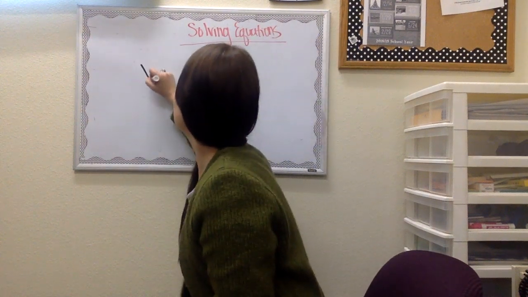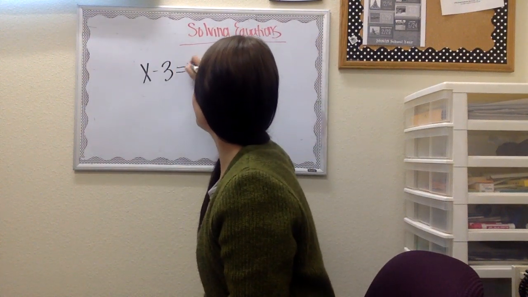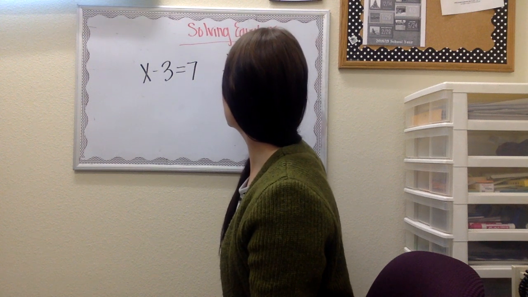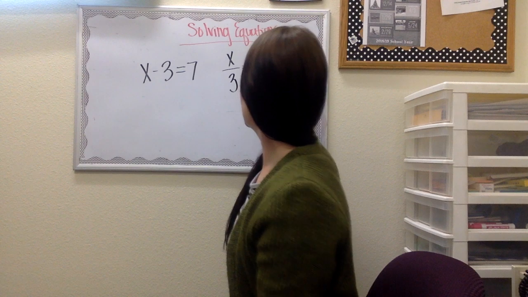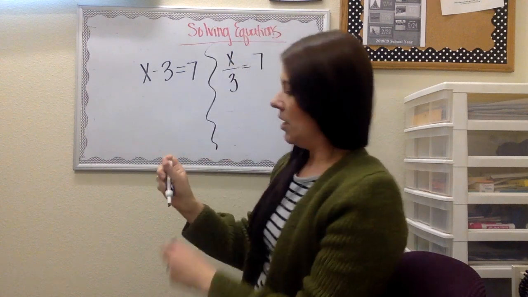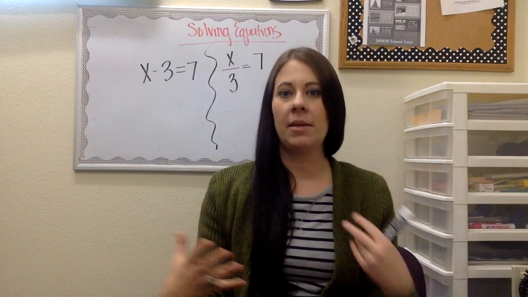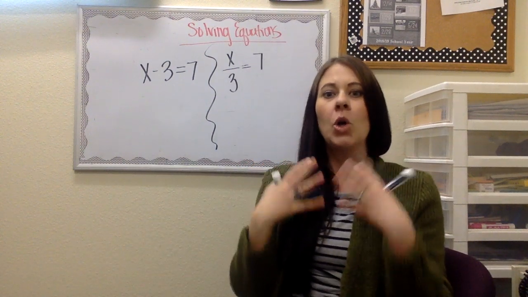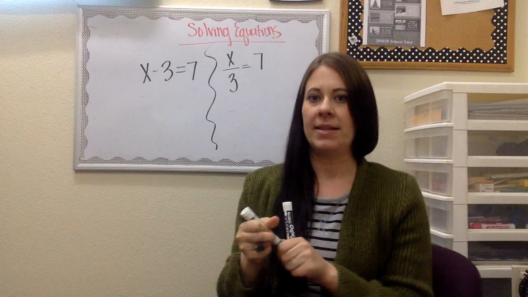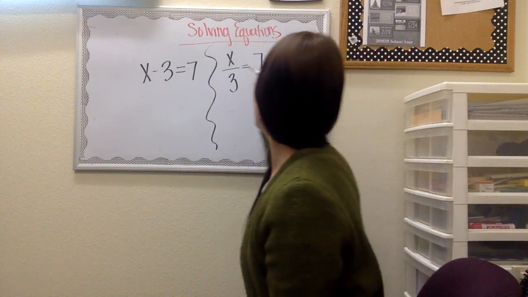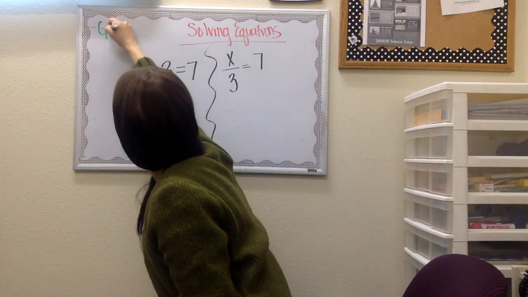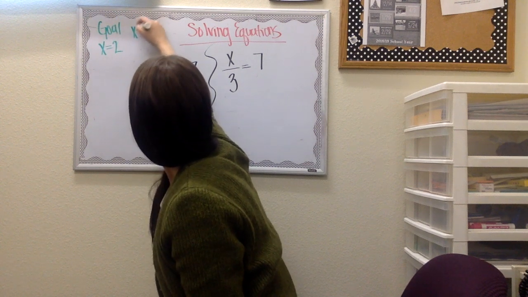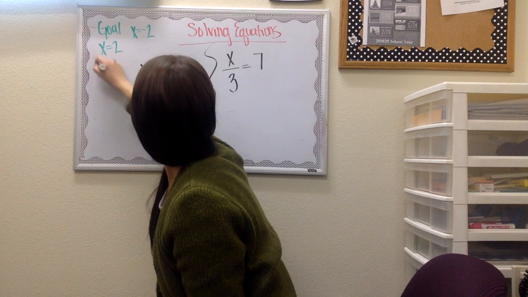So we have things like this, and we have things like this. Okay? So here's how I take my students through solving equations: our goal is to have x by itself. And when we say that, it means that our goal is to have something like this, x equals 2, x equals negative 2, or even like this.